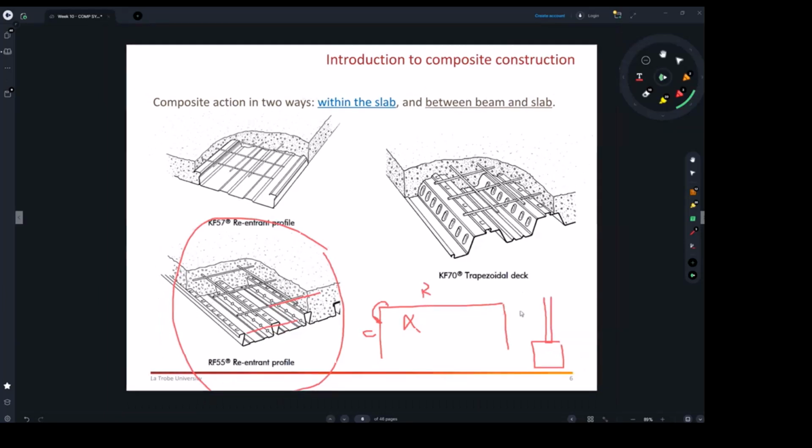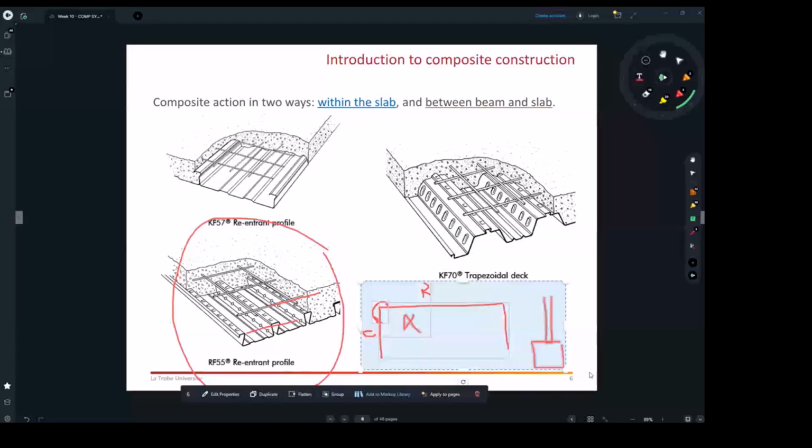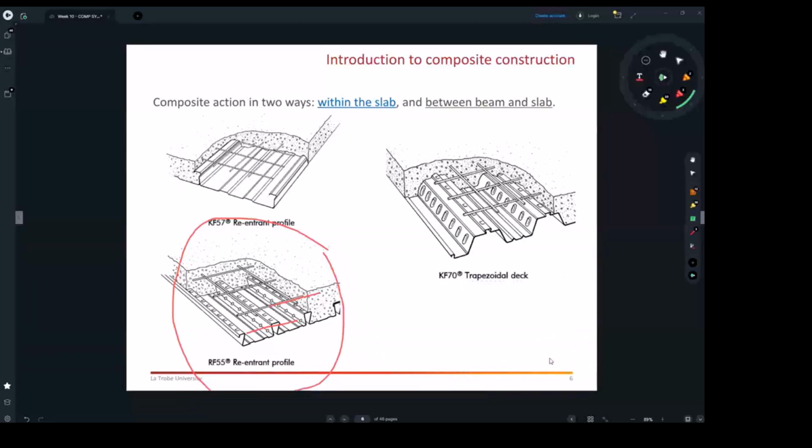So we won't be calling none of the portal frame elements we discussed in week 2, 3 as composite. Nothing there was composite. Right? So this one we're talking about, it is here a slab, and it's in composite with the deck, with the metal deck here.